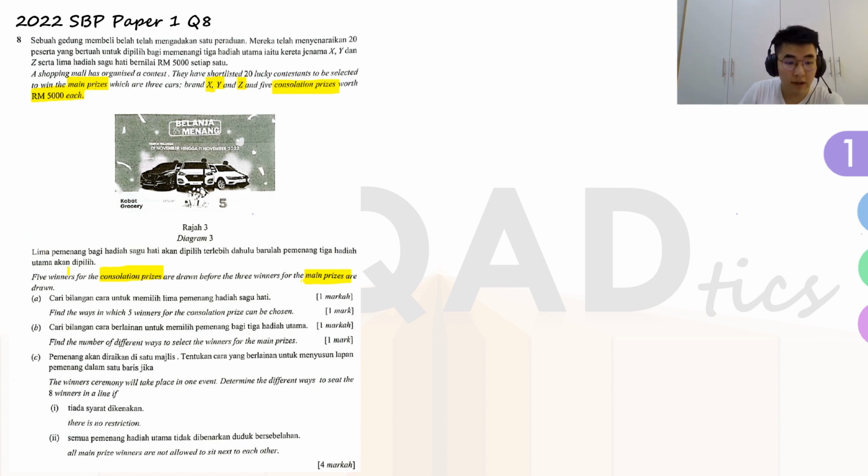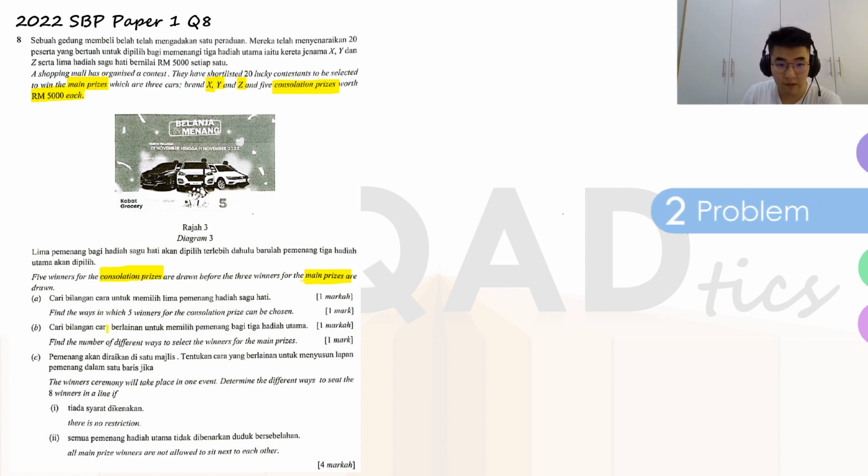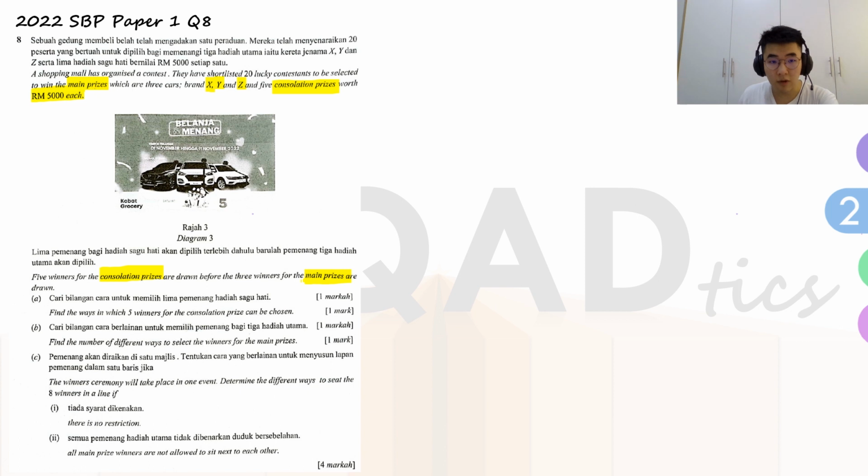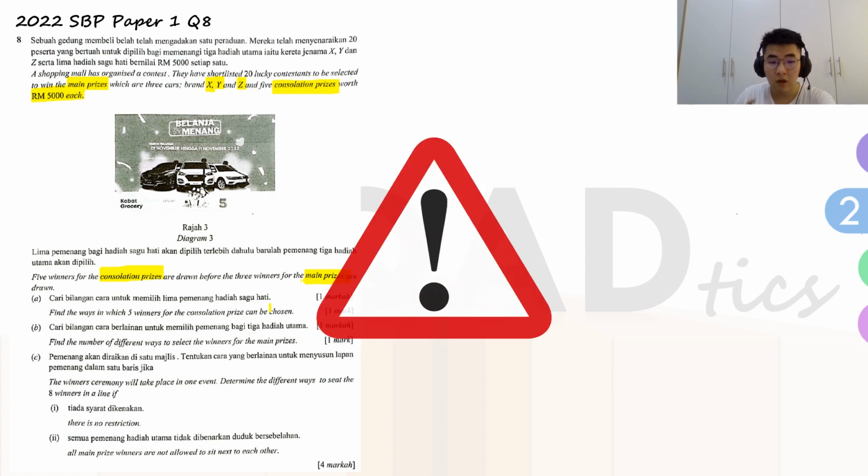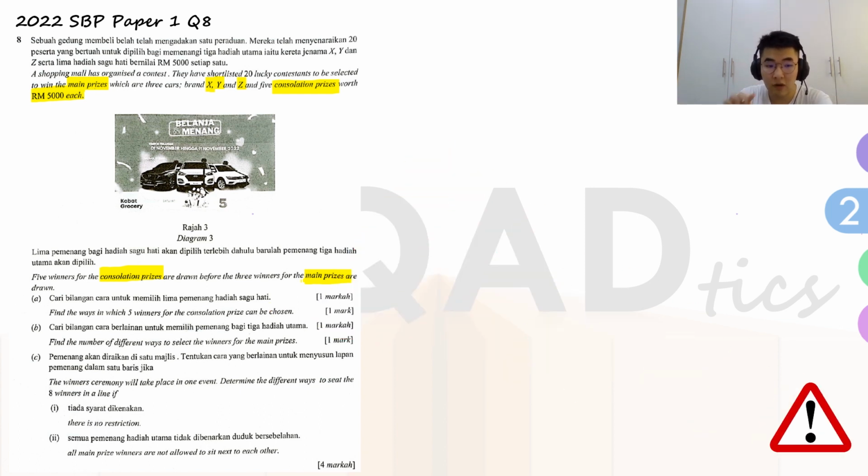For part A, we need to find the number of ways from these 20 contestants to give them these 5 consolation prizes. What we know is these consolation prizes are all the same, so I do not need to know which participant got which consolation prize.